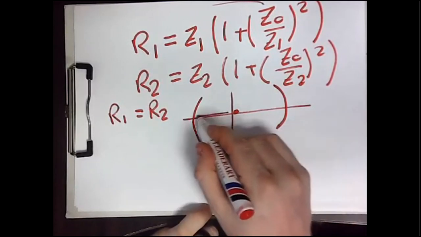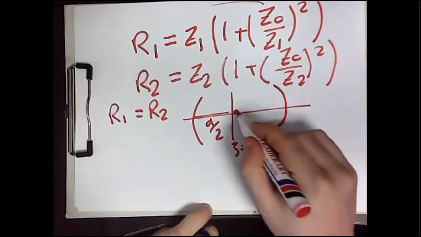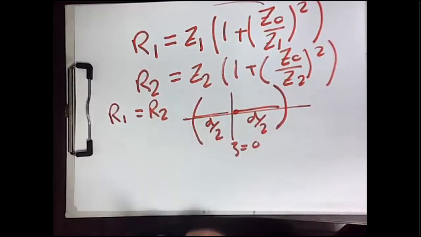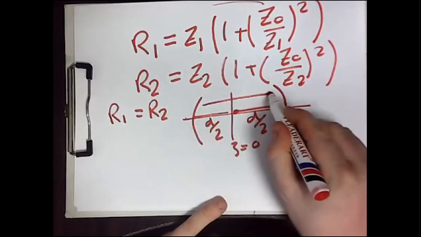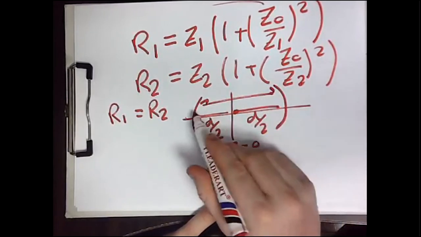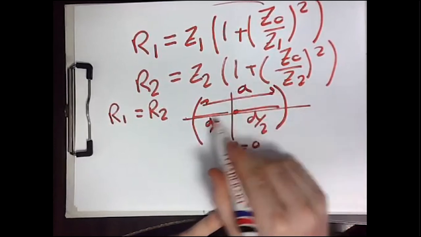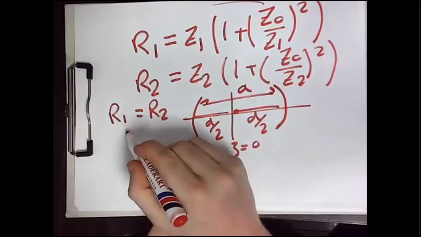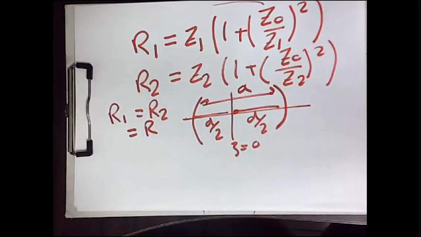Then you have a distance of d over 2 on this side and d over 2 on this side, because if you remember, the distance between the two mirrors was d. So R1 equals R2 equals R.